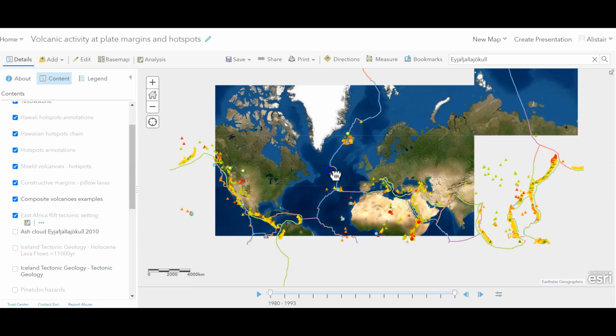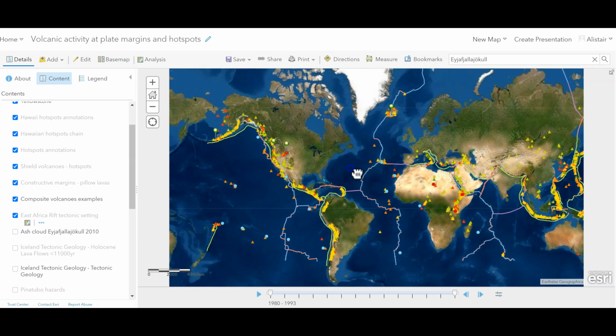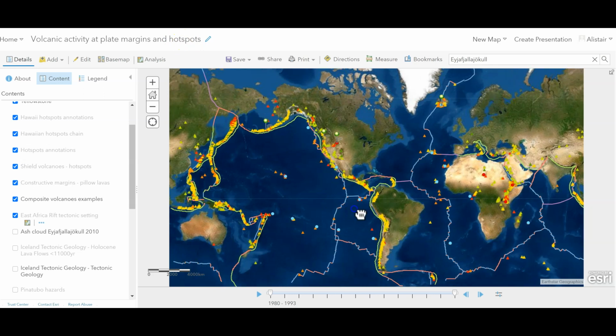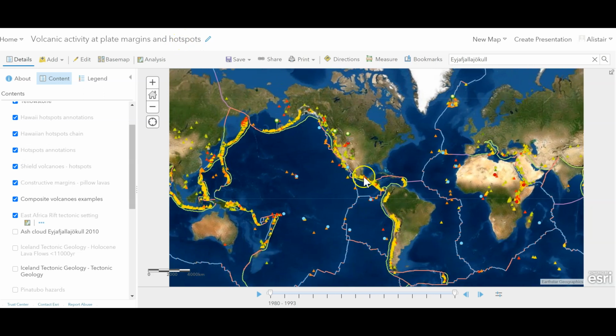Okay, so final quick summary, just to make sure that you've seen the overall patterns. We're looking at volcanic activity at the plate margins, your destructive and constructive in particular, and your hotspots. So what we're discovering is that the vast majority of volcanic activity is composite volcanoes at your destructive plate margins, which are mostly around your Pacific Ring of Fire, so Sandwich Islands as well, locations like that, but that's mostly where they are in that linear pattern.